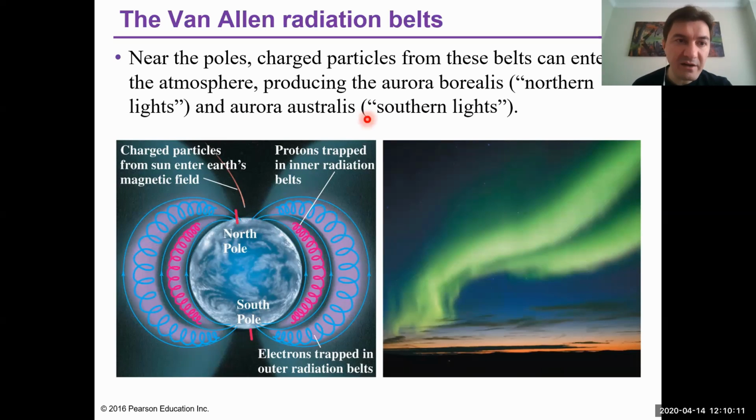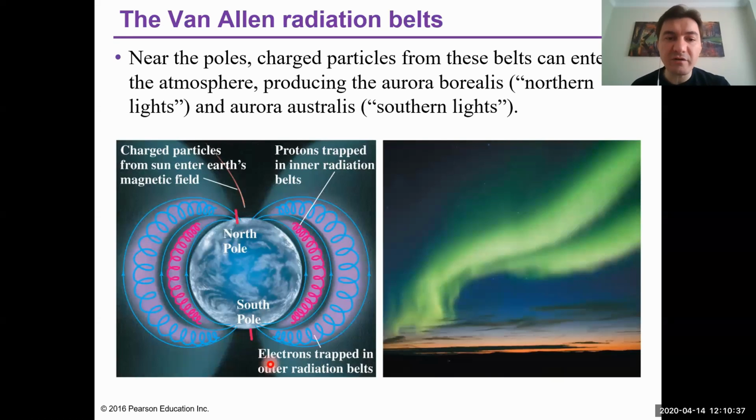So what we have here, charged particles from the sun enter Earth's magnetic field. There's a magnetic field around the Earth, and this magnetic field is not homogeneous. So protons, positively charged particles, are trapped in inner radiation belts here. And they have this type of movement.